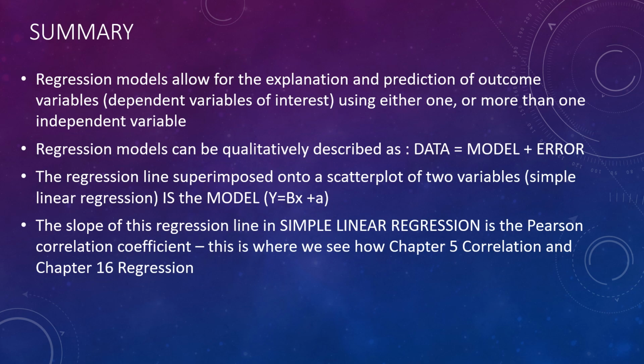We've finished this topic with respect to introduction to linear regression. And so this slide and the next, just a brief summary. Regression models allow for the explanation and prediction, in some cases, of outcome variables.